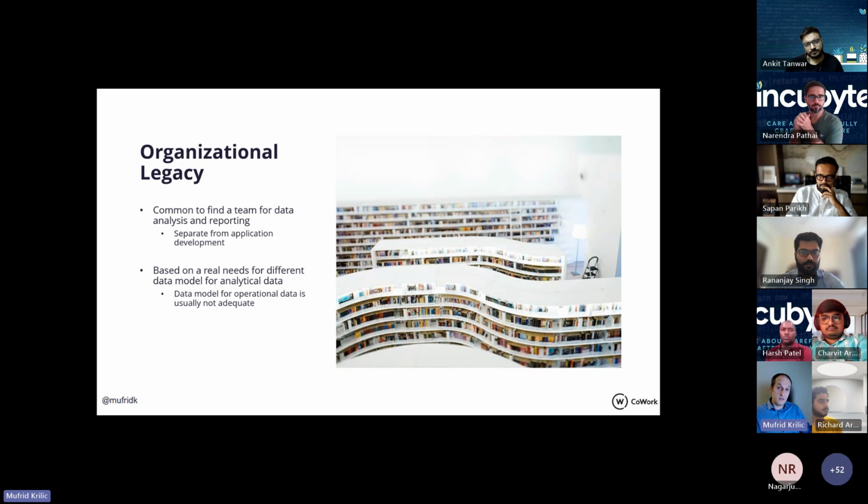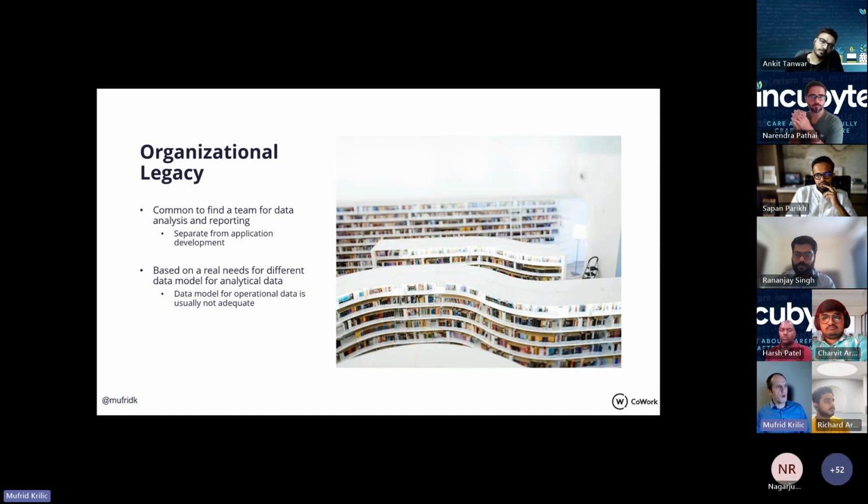Whilst we have many sources on the operational side, we have only perhaps one or two sources on the analytical side. So we have this gap and different ways of dealing with operational and analytical data.